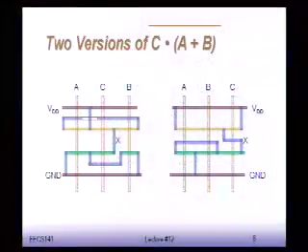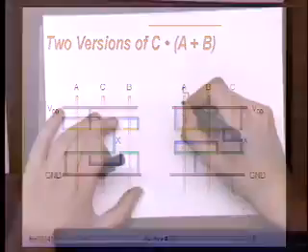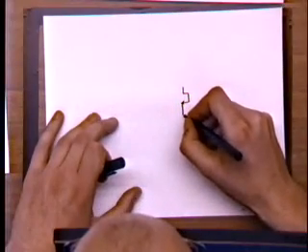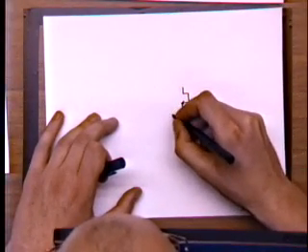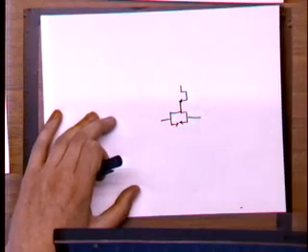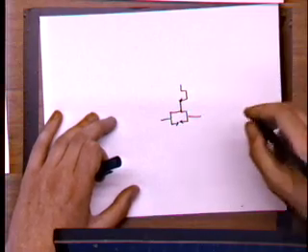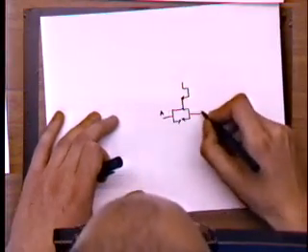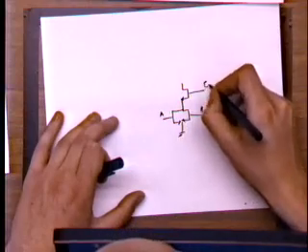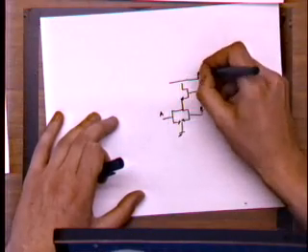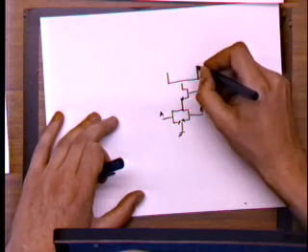So again, these are exemplifying. This is a different complex gate. It's C times A plus B. So can we go up? So this will look, the pull down as C times A plus B. And then if you remember, the pull up is the dual of the pull down.